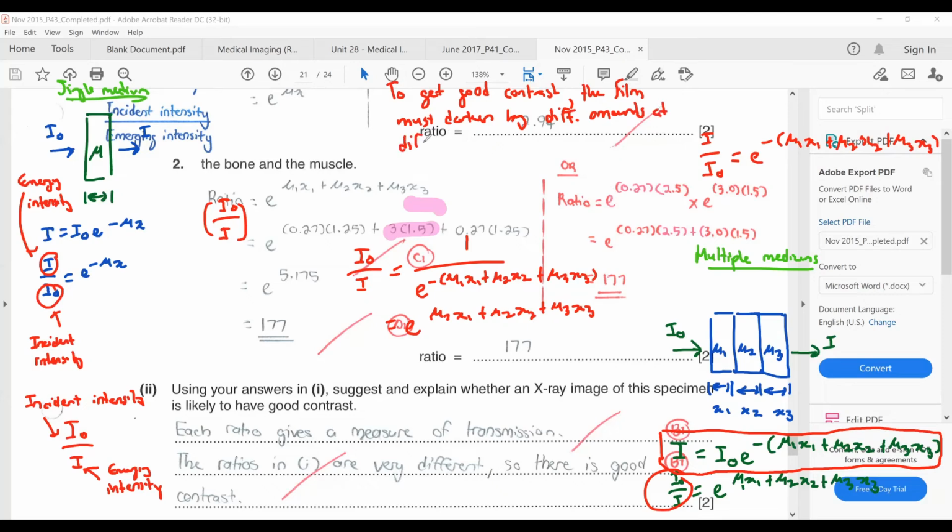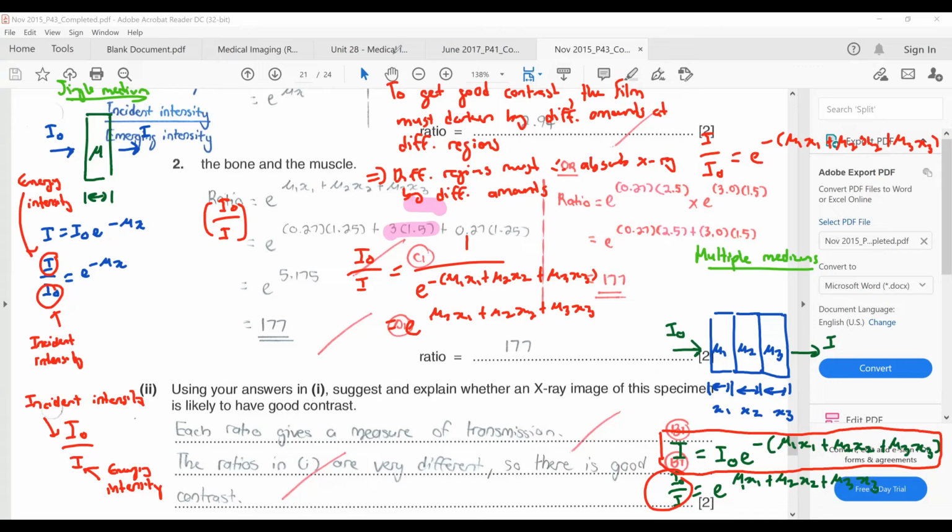Then I subsequently mentioned that the different regions must therefore absorb X-ray by different amounts. You can only darken your X-ray film by different amounts at the different regions if the X-rays were absorbed by different amounts in the first place at the different regions.